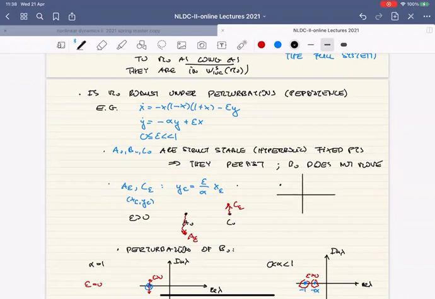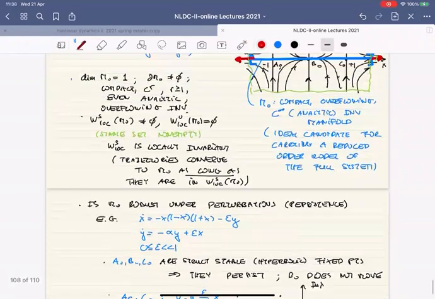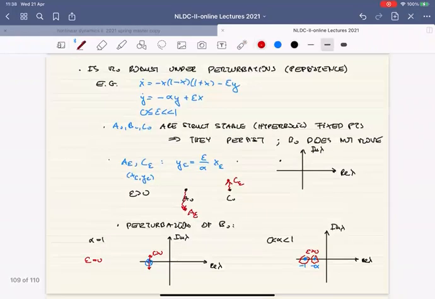So this is the real part of lambda. This is the imaginary part of lambda. And it's a saddle, therefore we have a positive eigenvalue and we have a negative eigenvalue, right? So when you have epsilon bigger than 0, this cannot leave the real axis. So this is what happens for epsilon equals 0. So they are definitely saddles.